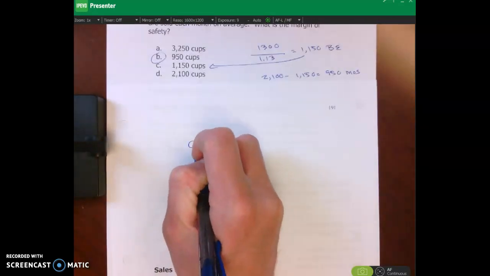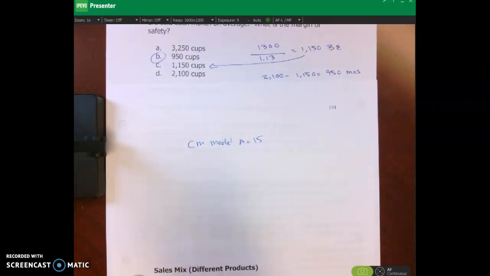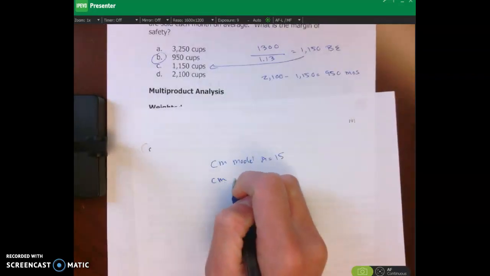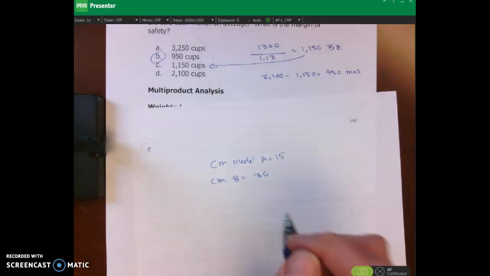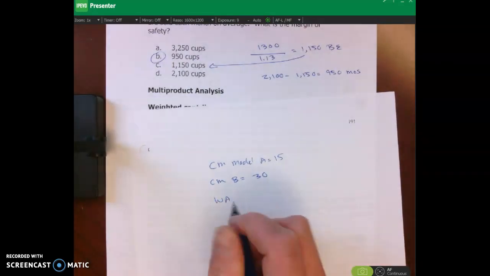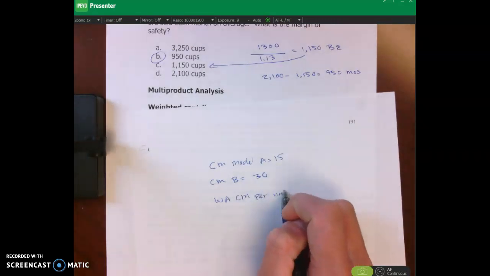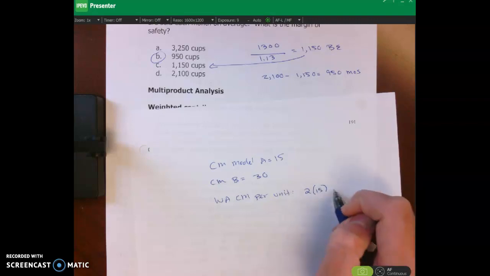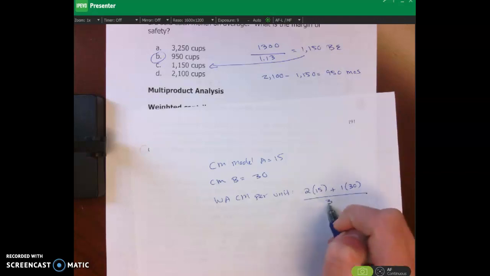So I'm going to say CM Model A equals 15, which I just showed you how to calculate, 30 minus the 15, and then CM B equals our 30. Then we're going to calculate our weighted average, WA, CM per unit by taking our 2 times the 15 plus our 1 times the 30, divided by 3.